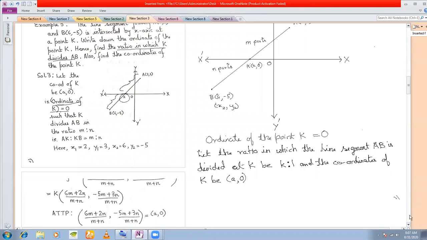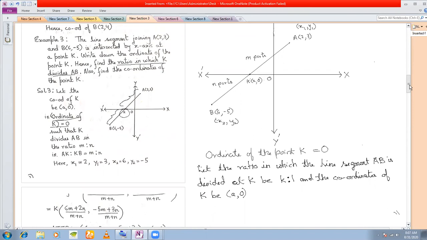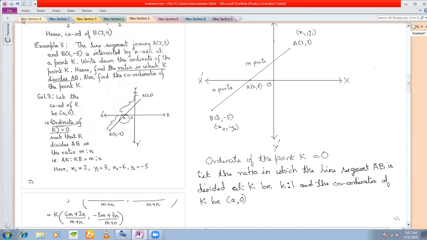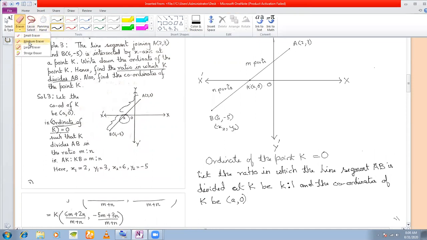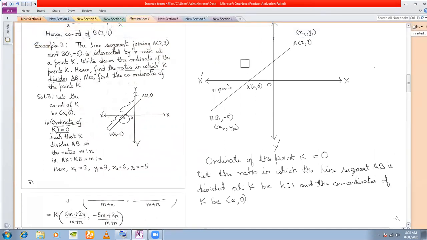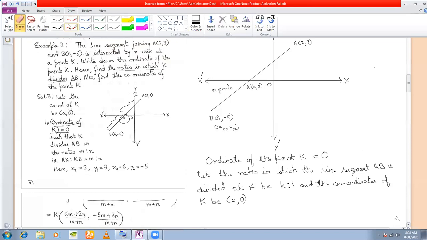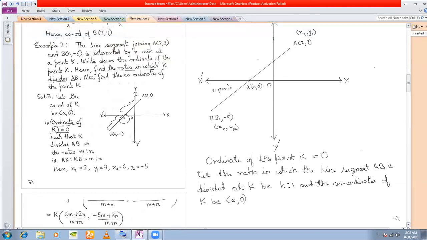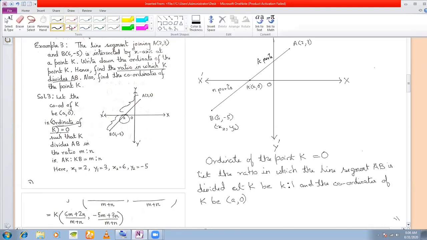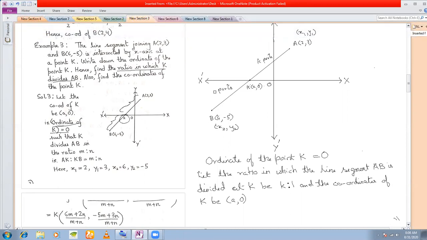Okay, so now if K divides AB in the ratio k is to 1, then what should be this part? How many parts lie here? Here k parts lie. And how many parts lie here? Here only one part lies.